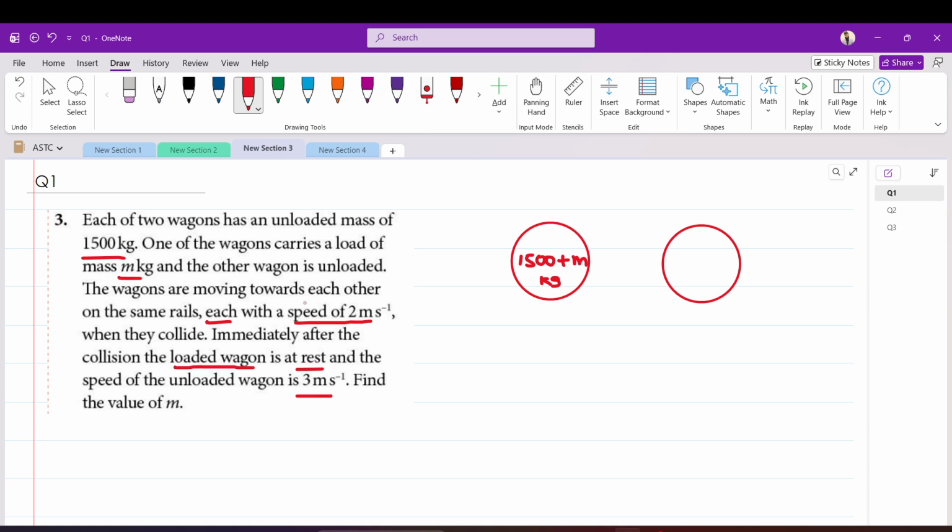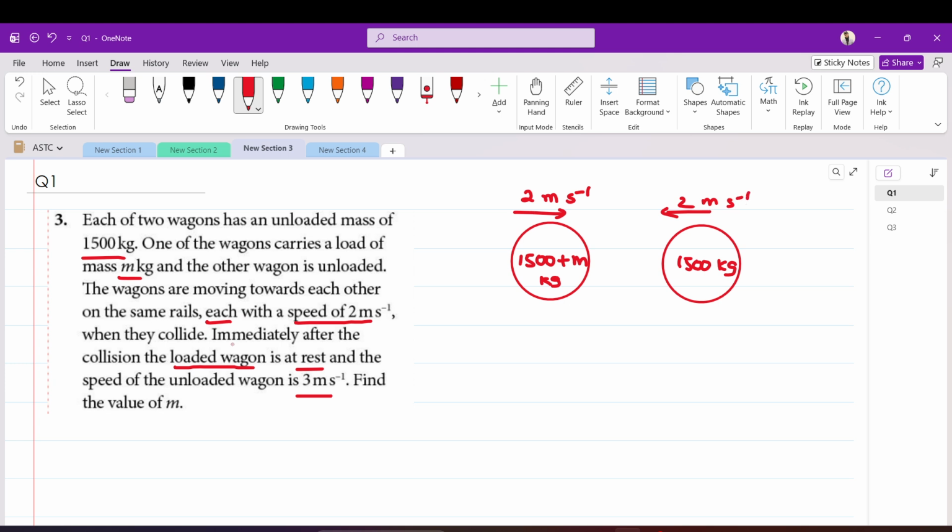And the other one is empty. It says the other wagon is unloaded, so that means it has nothing in it except its own mass. So this will be 1500 kg. Both of them move towards one another with the speed of 2 meters per second.